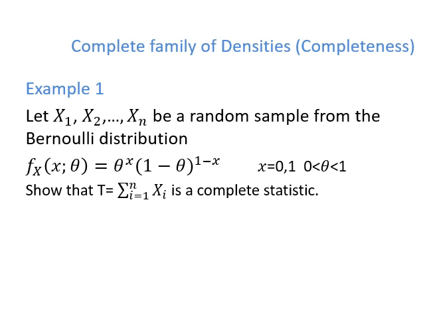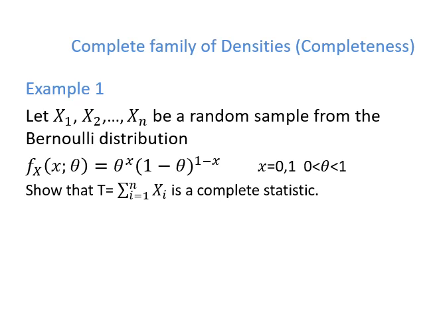Now we are going to illustrate the concept of completeness through two examples. The first example is for a discrete random variable, and the second example will be for a continuous random variable.